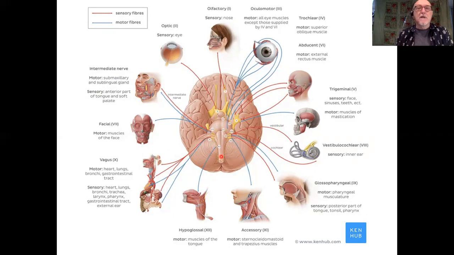For the moment, all that you need to know is have a look, and you'll see that many of them are originating at the brain stem.